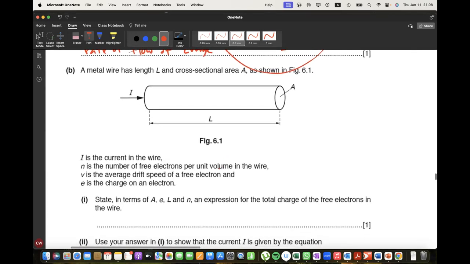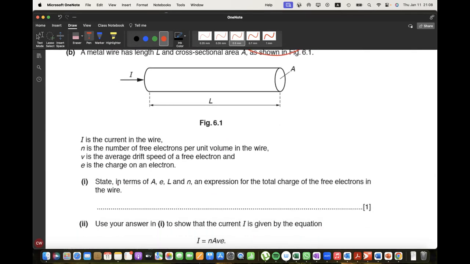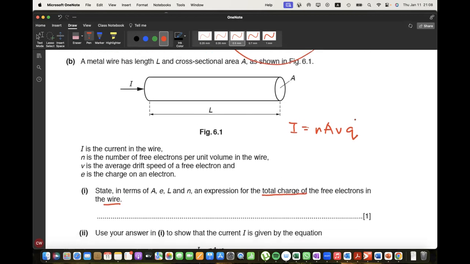I is what? In terms of the total charge of the free electrons. What is the formula for I? NAVQ. How about this?